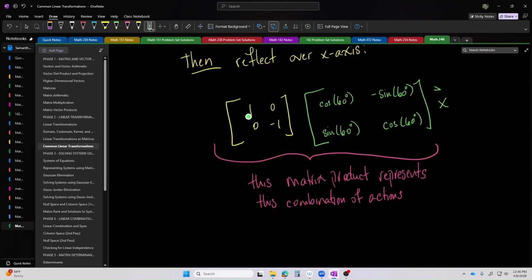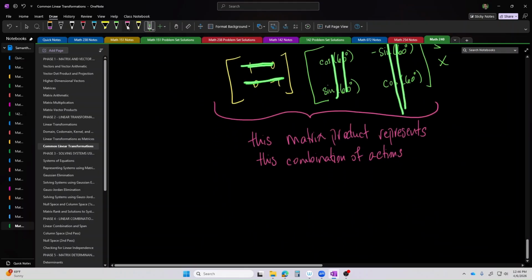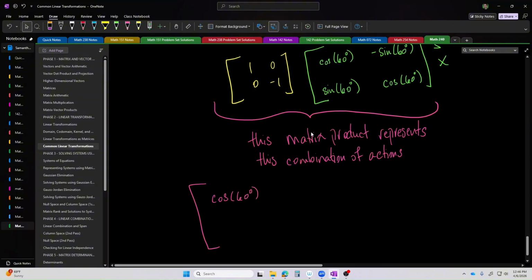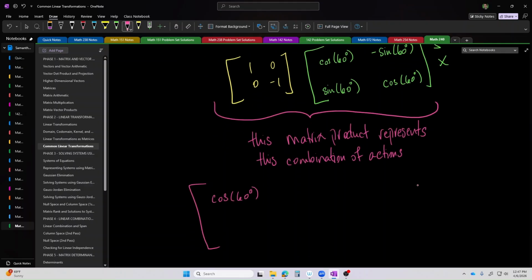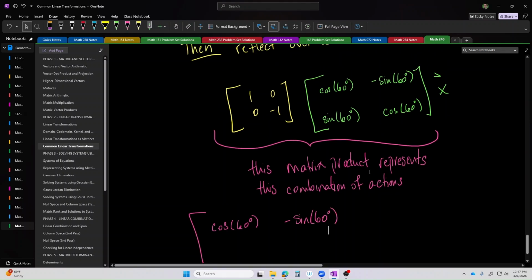And if we go ahead and calculate that product using the standard dot product process, rows times columns, we can find that the matrix product results in cosine of 60 degrees from the first row times the first column. This row times this column would return negative sine of 60 degrees.